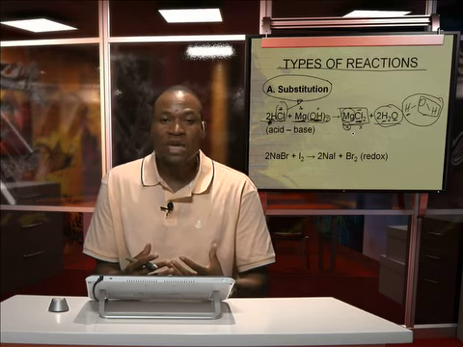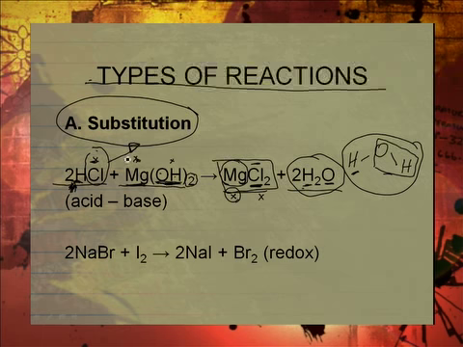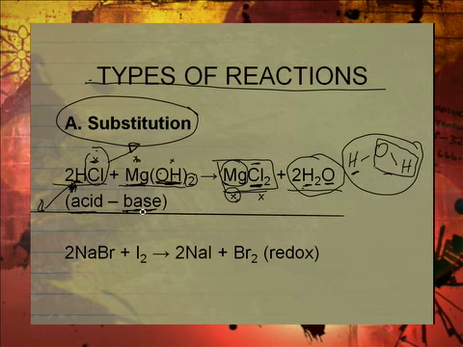But there's something more we can see from this reaction. What is that? If you check here, hydrogen chloride would be an acid. Magnesium hydroxide is a base. So we have got a reaction between an acid and a base. Now in that reaction, what are we producing? We have got magnesium chloride.